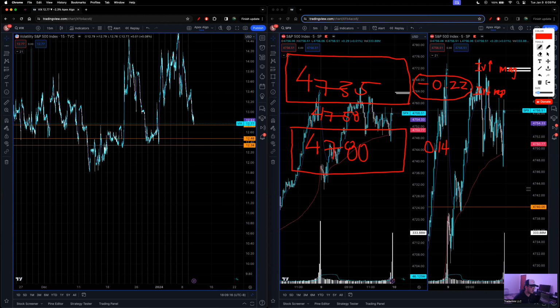Identifying these Vanna magnets, especially now that it is back in play after the week after OPEX, and the week coming up to OPEX and whatnot. This has been one of my absolute favorite things to use. So I want to make sure people understand it, right? Because it's very, very important and it can change your outlook on the market tremendously.